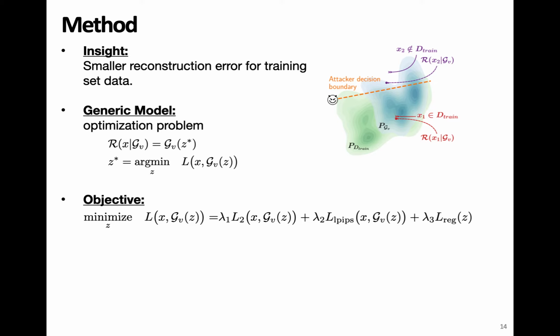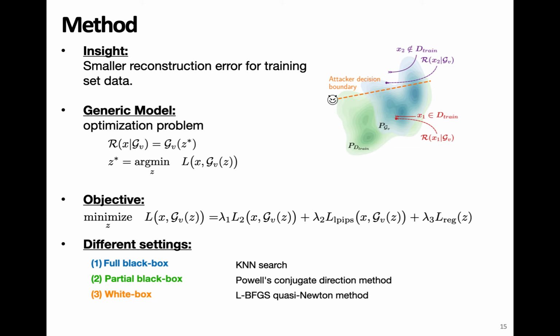Our objective consists of 3 terms: the element-wise mean of square error, a visual similarity term for image data, as well as a penalty term on the latent code. To tackle the different attack scenarios, our generic model can be easily instantiated to different variants by choosing different optimization methods.